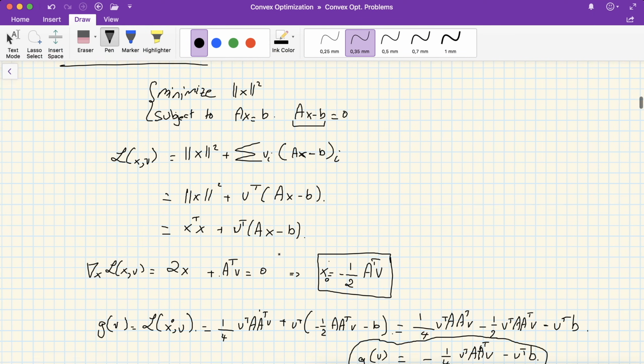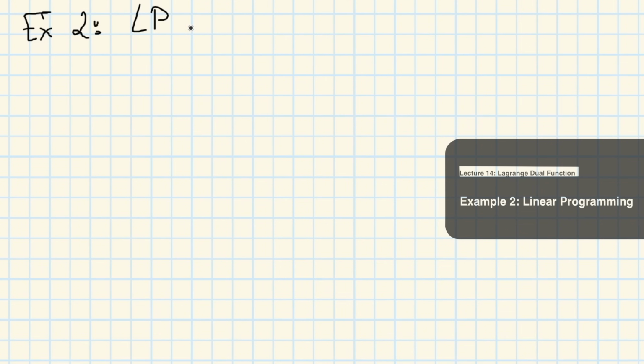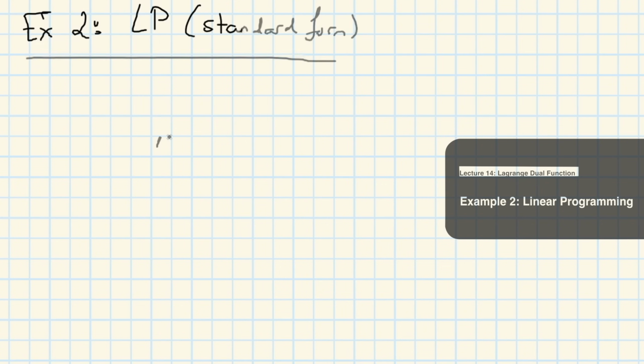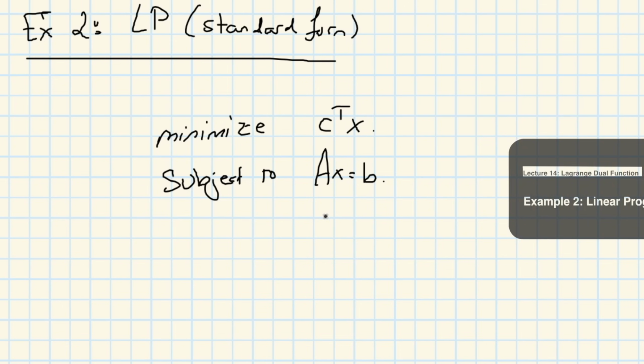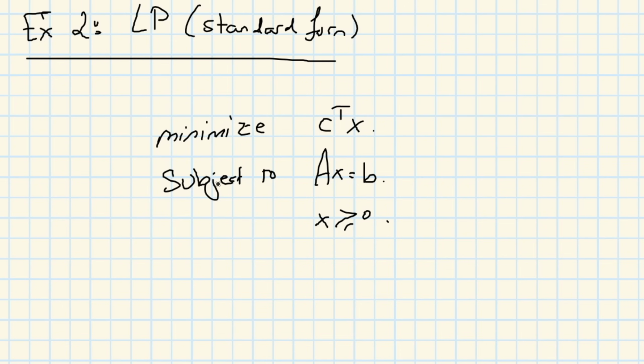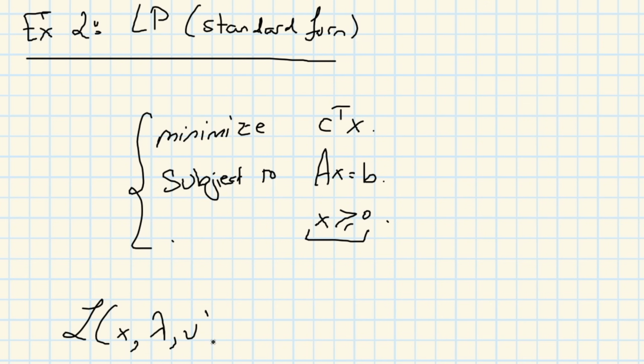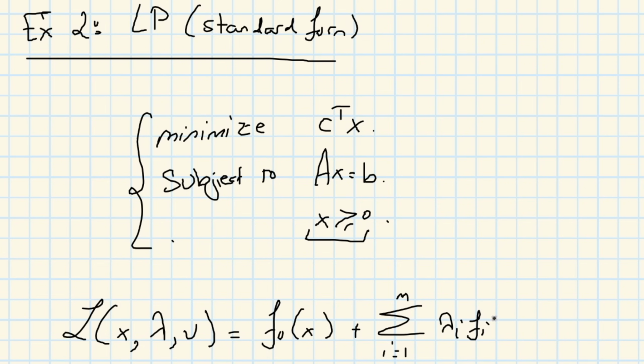Let's see another example for LP problems in standard form. So we're minimizing a linear cost subject to an affine constraint with a positivity constraint on x. The Lagrangian, this time we've got a lambda due to this constraint, L of x, lambda, nu, that is f0 of x plus the sum of lambda i f i plus the sum of nu i h i.